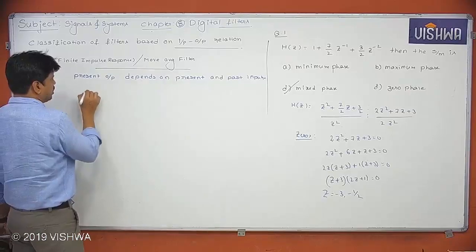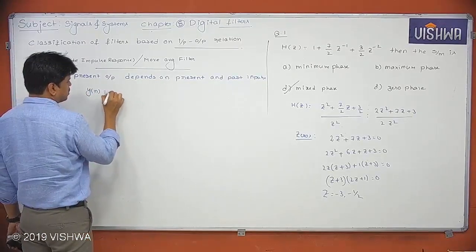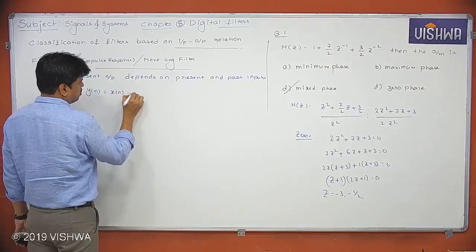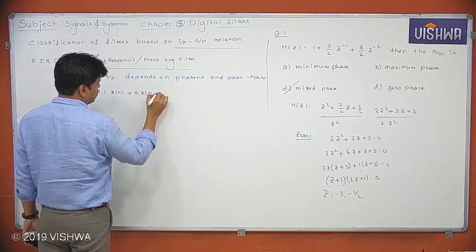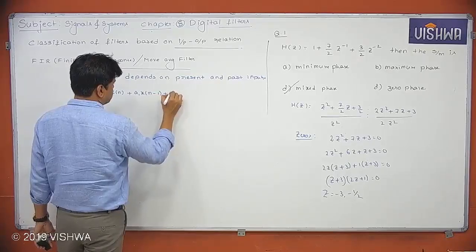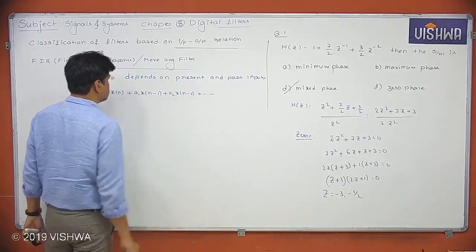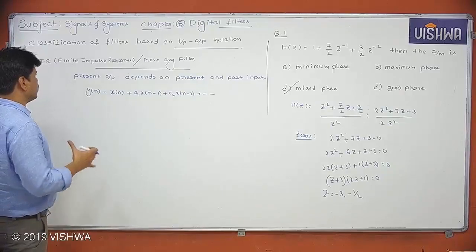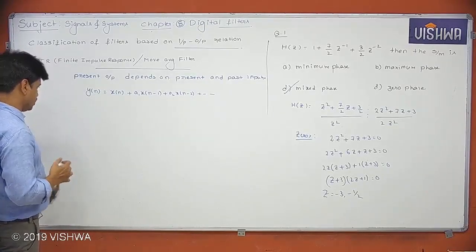So if y of n is there, it has a relation something like this: x of n plus a1 x of n minus 1 plus a2 x of n minus 2 and so on. So these are the past inputs. Whenever the input output relation looks like this, then it is an FIR filter.